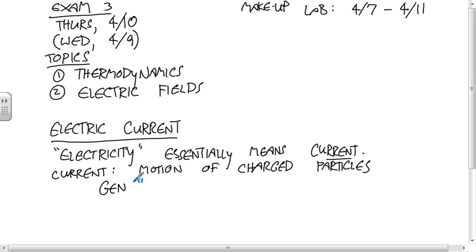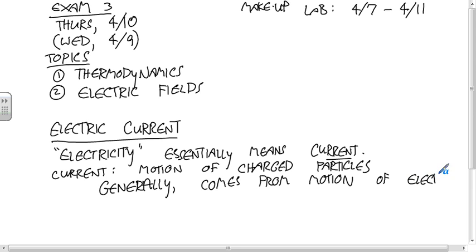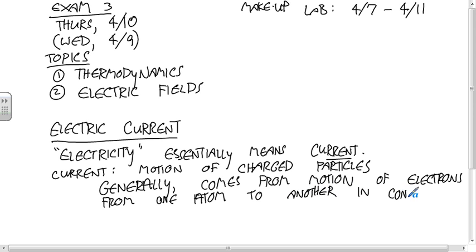But practically speaking, that's not how we make electric current flow. Generally speaking, electric current comes from the motion of electrons. Those electrons are hopping from one atom to another atom in a conductor.